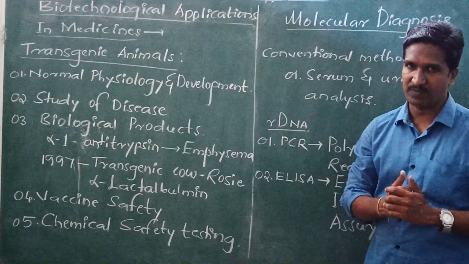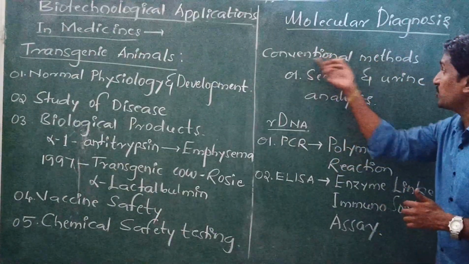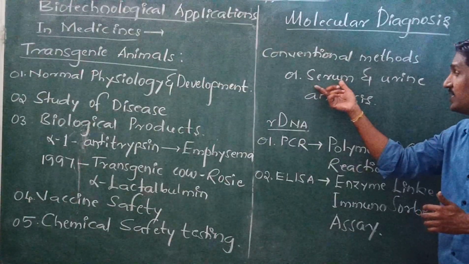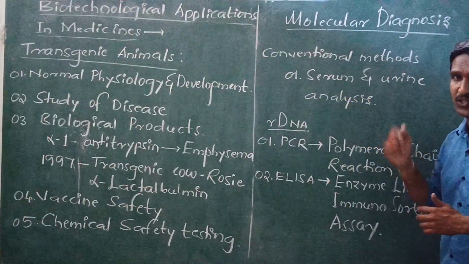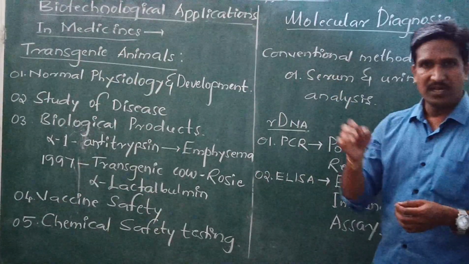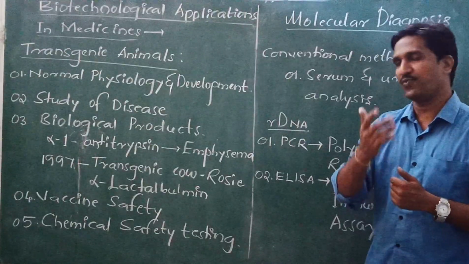This is important. Under this molecular diagnosis, there are two conventional methods. One is serum and another is urine test. Serum is nothing but taking the blood and observing its contents. Say for example, malaria.